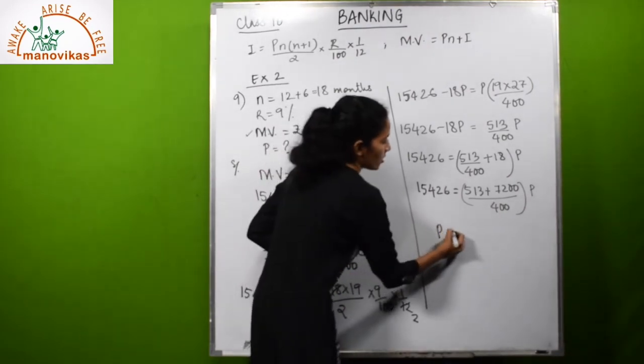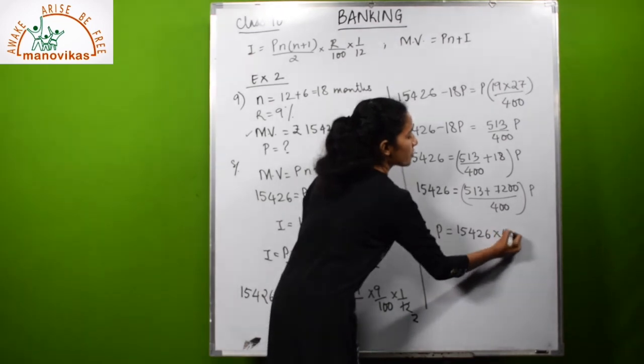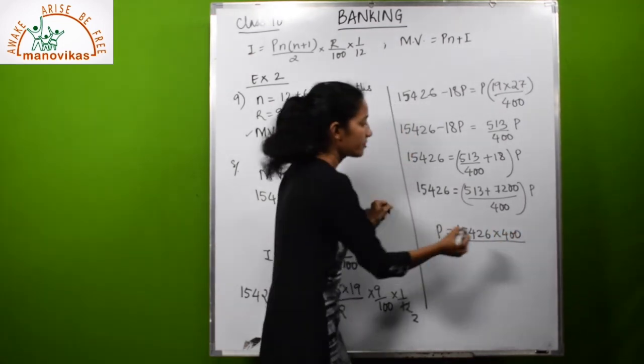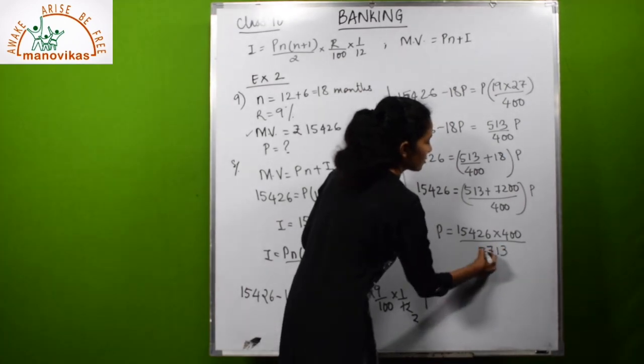Therefore, P is equal to 15426 into 400 divided by 7713.